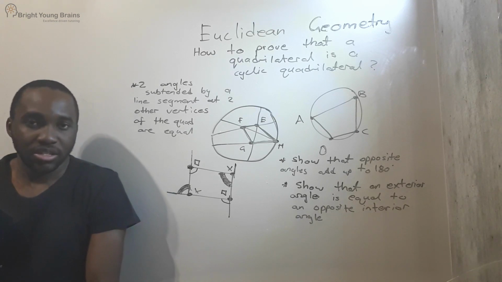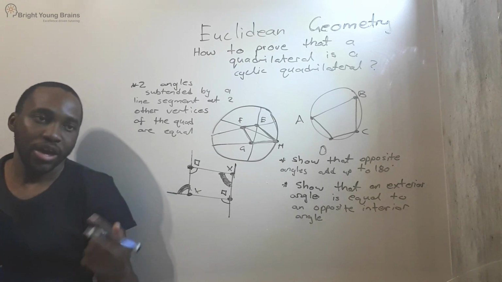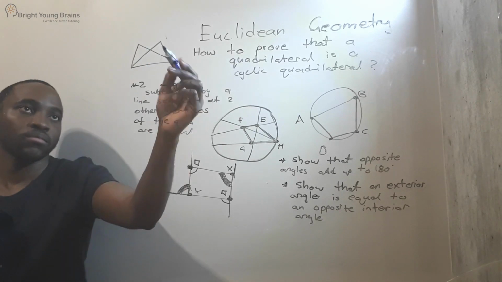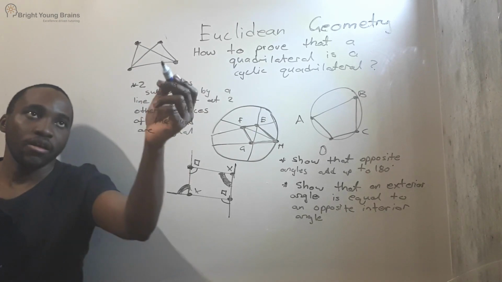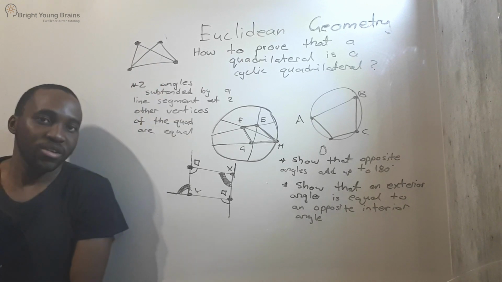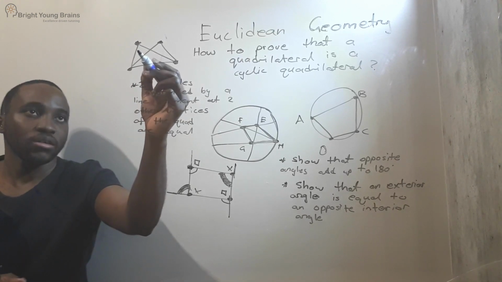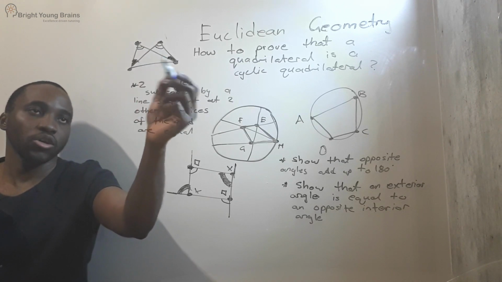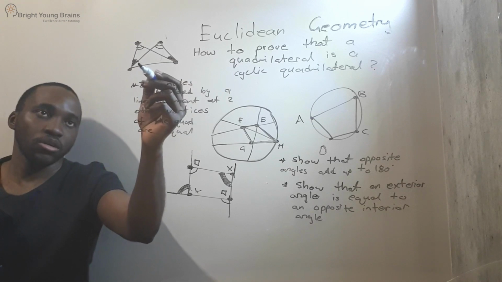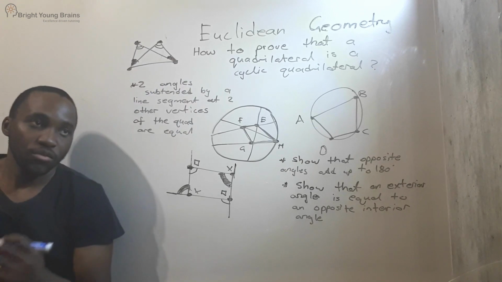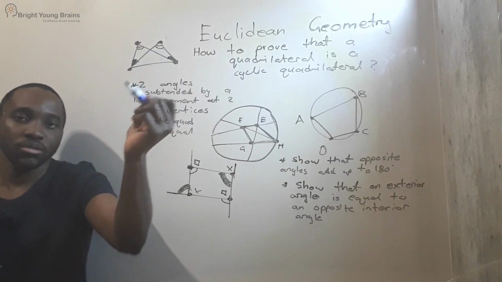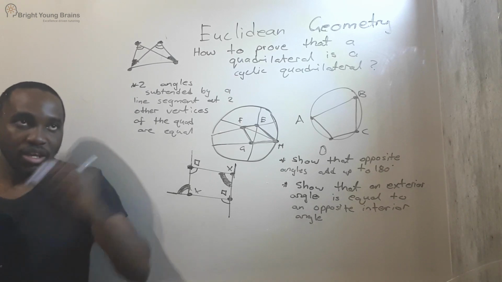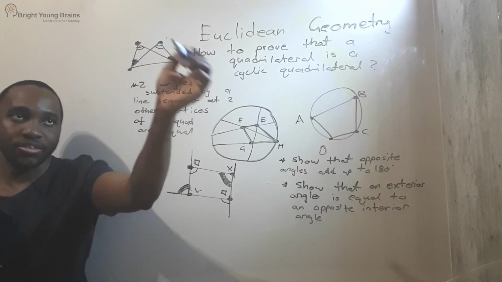So what that means is, depending on your sketch, if you have a situation where your 4 points have these two lines formed there, as long as you can prove that these two angles are equal, whichever pair you choose, if you can prove that one pair is equal, then you would have also proven that you are dealing with a cyclic quadrilateral there.